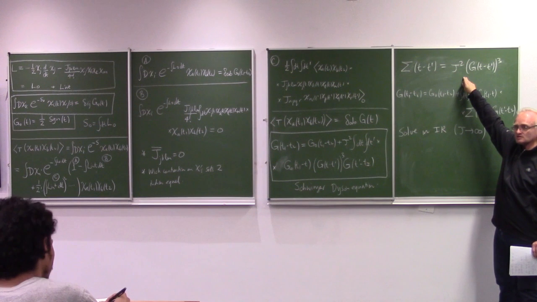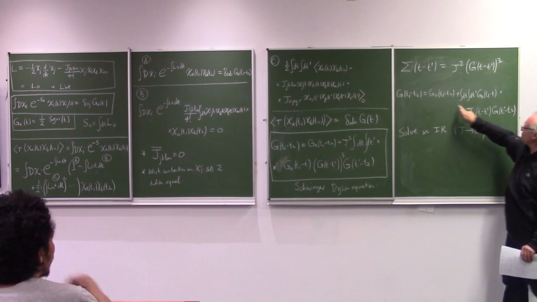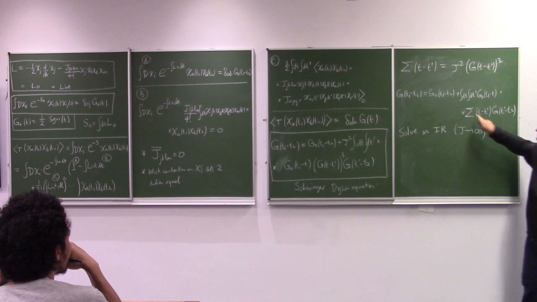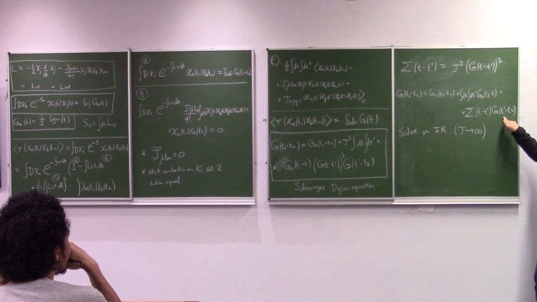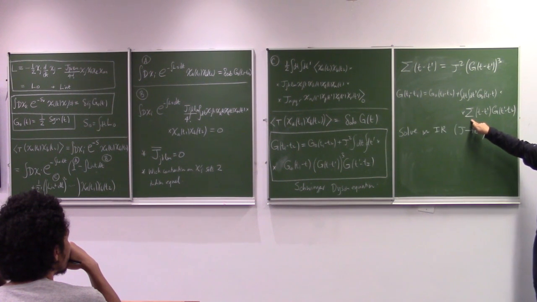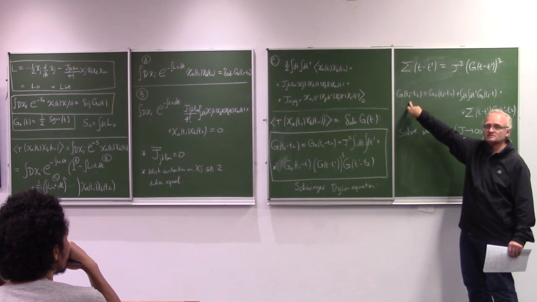Is sigma getting big or small? Big. Sigma is getting huge, right? So if I look at these two terms, the only way they can be the same sort of size is if G itself is getting small. Because G naught is the same size as G naught, sigma is getting huge, so G had better be getting small. So in this limit, I can neglect that side of the equation.